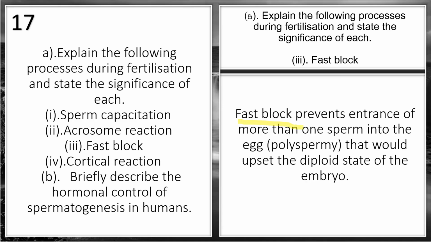The fast block prevents entry of more than one sperm into the egg, which would be polyspermy. That would upset the diploid state of the embryo.